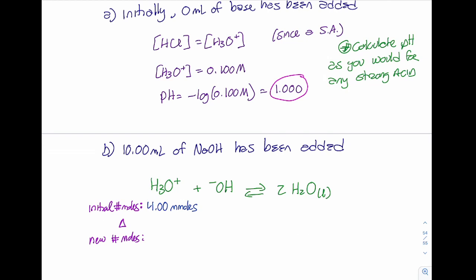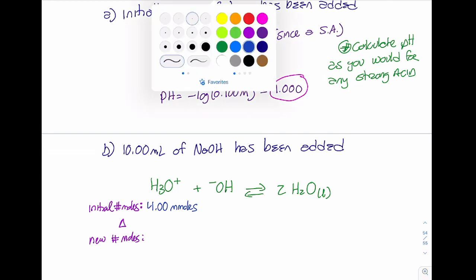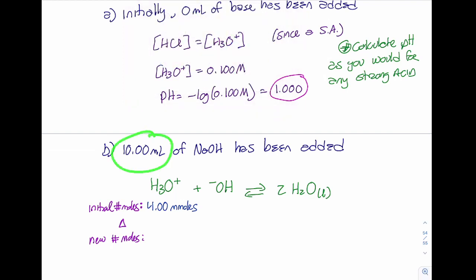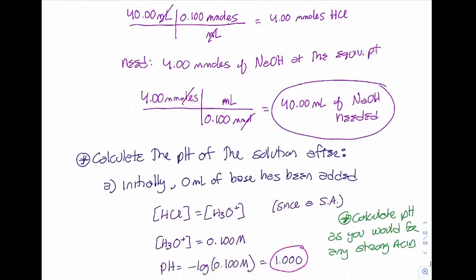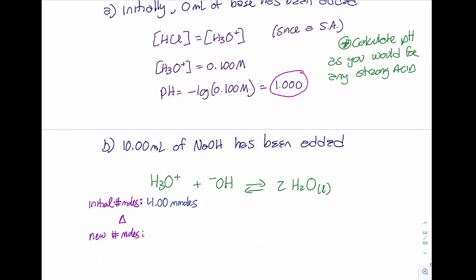To figure out the base that I added, we need that number yet. I've added 10 milliliters. Its concentration, going back up, is 0.1 molar. So if I take, over here on the side, my 10 milliliters and multiply it by my 0.100 millimoles per milliliter, I'm going to have 1.00 millimoles of my base.